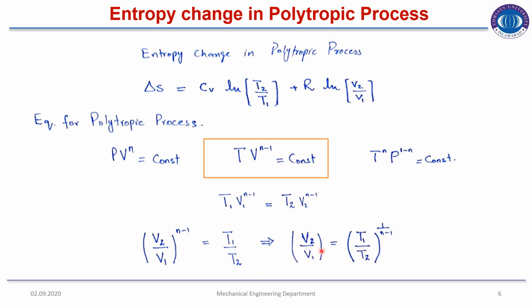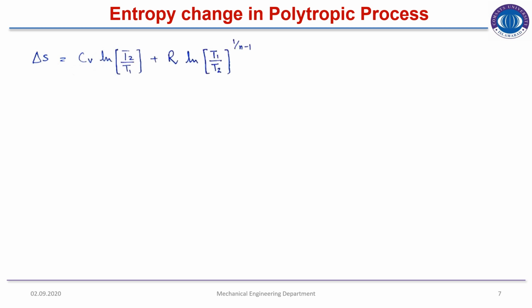We will insert the ratio V2 over V1 from the polytropic process into the main equation and look at what the equation comes out to.